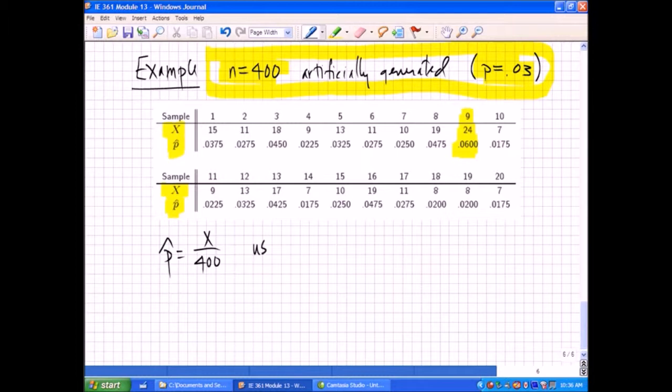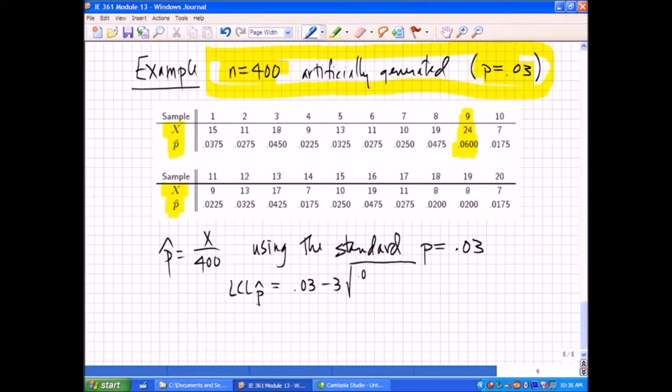Well, using the standard p of 0.03, my lower control limit for p hat will be 0.03 minus 3 square roots of 0.03 times 0.97, 0.97 being 1 minus 0.03, over the sample size, and the sample size here is 400.